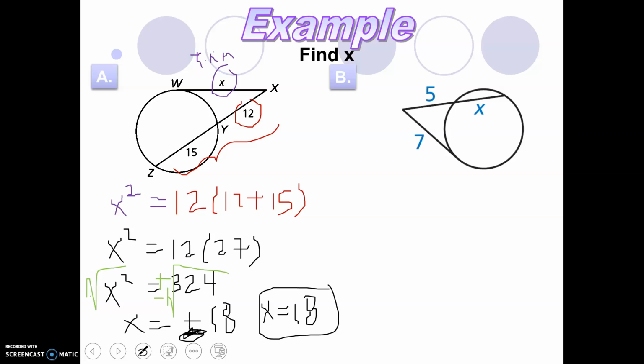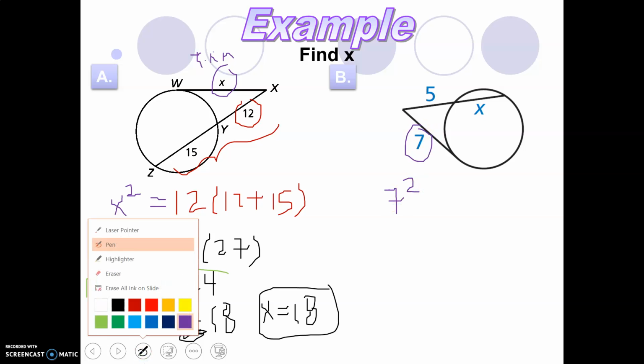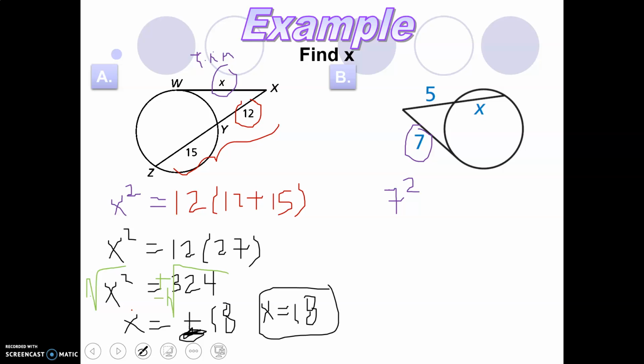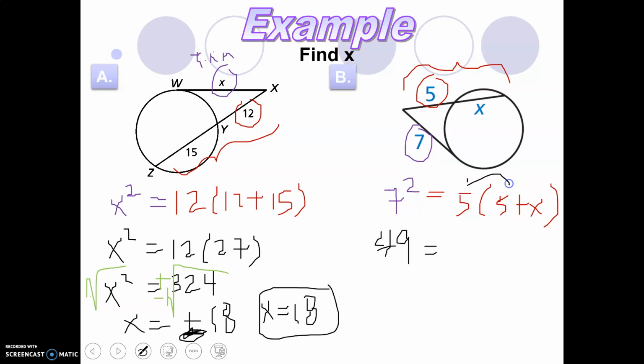All right, on the next example here, I'm going to take my tangent portion and write 7 squared. And then I'm going to take my secant portion. That's equal to 5 times 5 plus x. Now simplifying this is going to give us 49 is equal to 25 plus 5x.